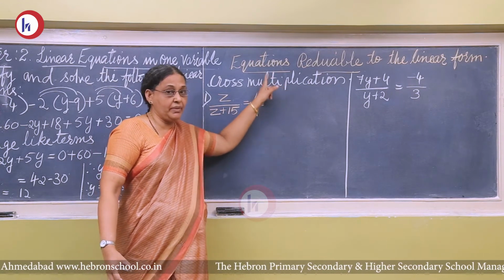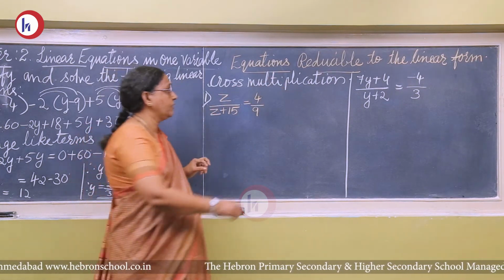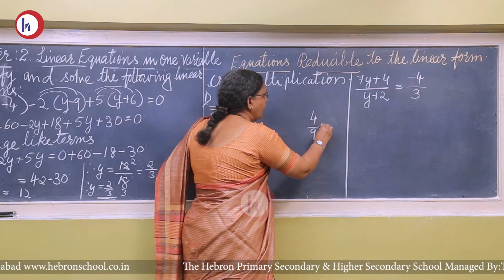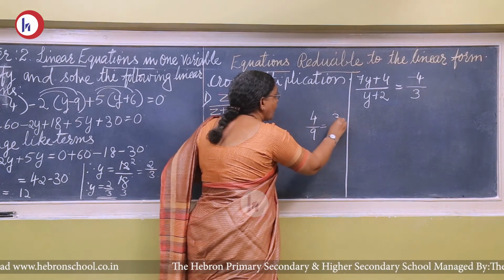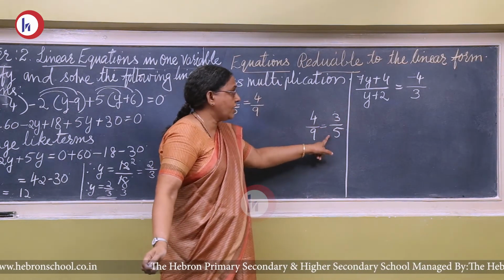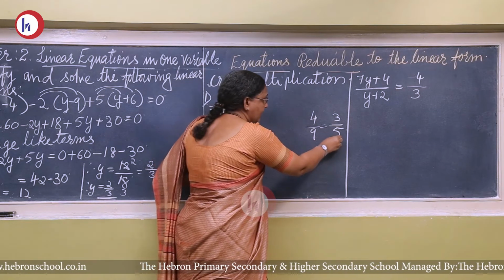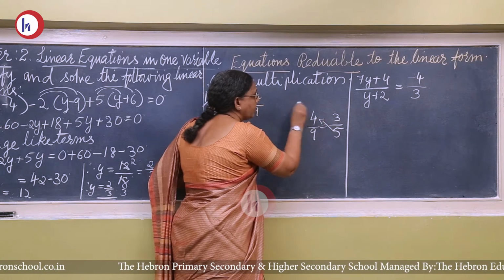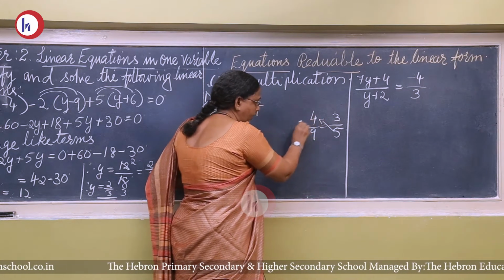Cross multiplication means what? When we get rational numbers or any number, we can do a cross multiplication. That is, the denominator of the RHS will be multiplied with the numerator of the LHS.